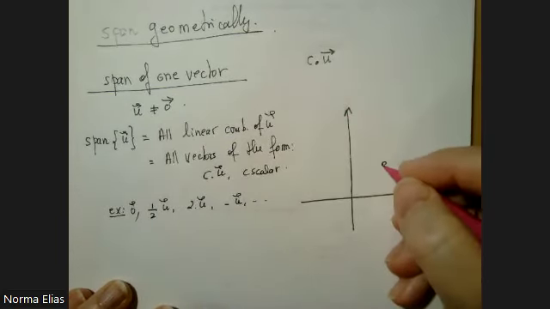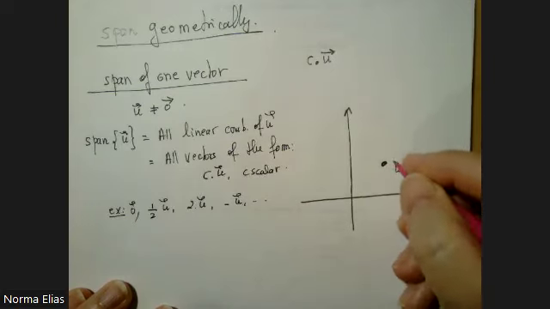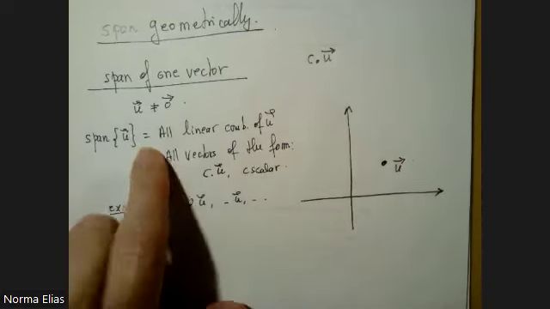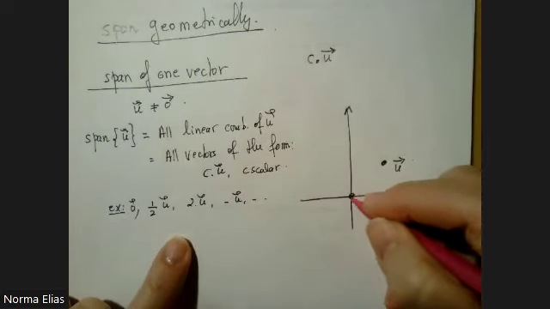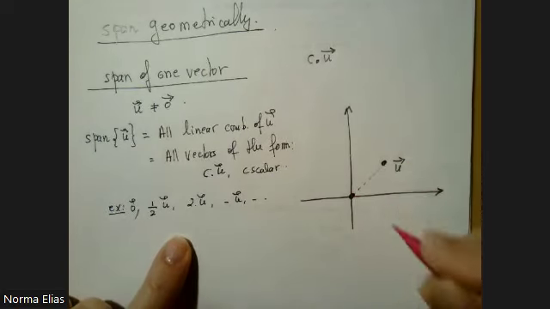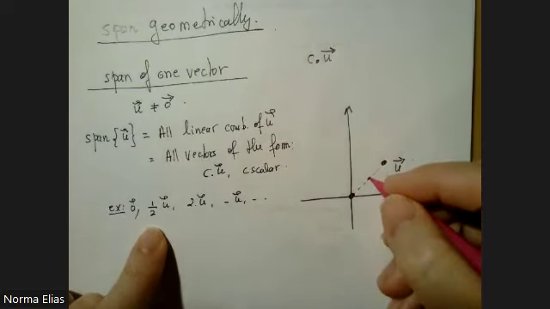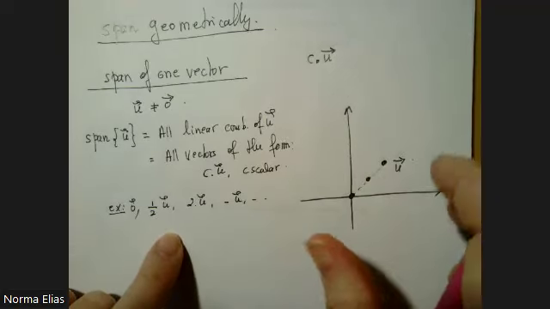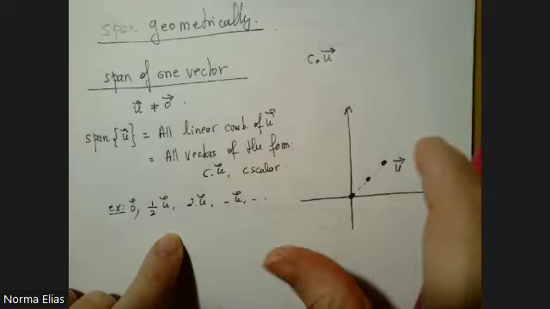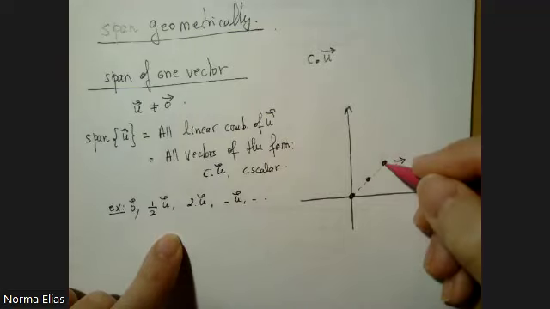This is my u vector right here. It's non-zero. And what are all the linear combinations? Okay, the 0 vector is a linear combination. Half u is in the span. So every time you take the vector u and you start scaling it, you are within the span.